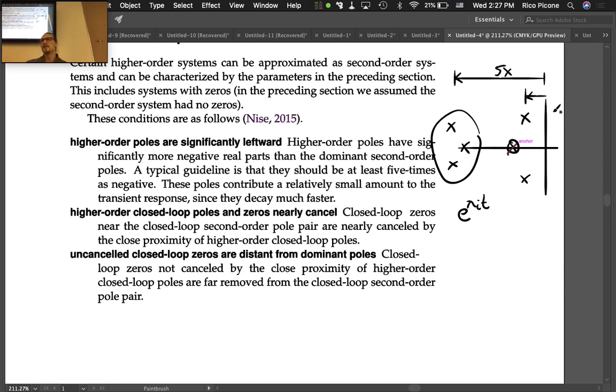Now, before we get too enamored with pole zero cancellation, remember, say this was at -3. This would correspond to an s plus 3 zero and an s plus 3 pole, and they would effectively cancel. But there is still a concern about stability. If you have a right half plane pole, that means it's unstable, right?